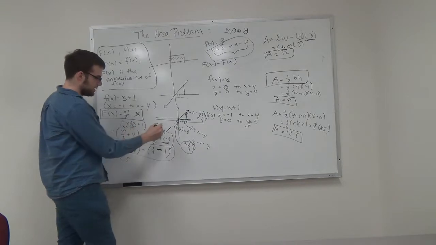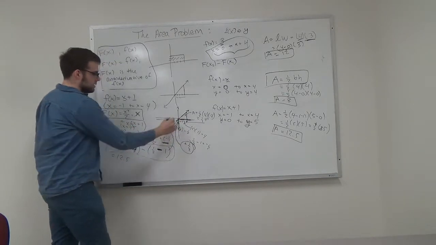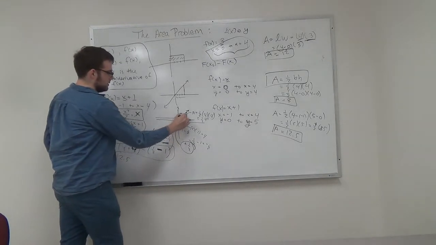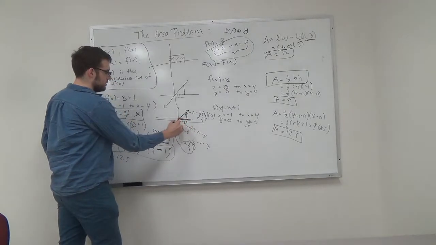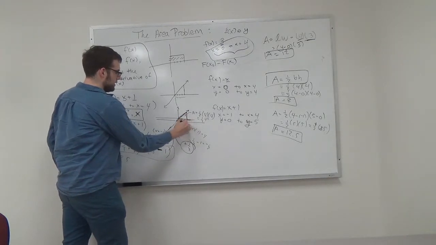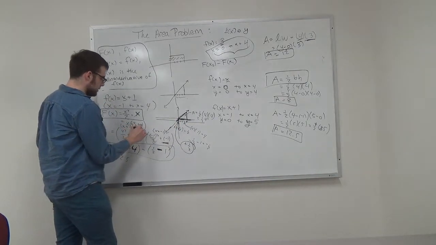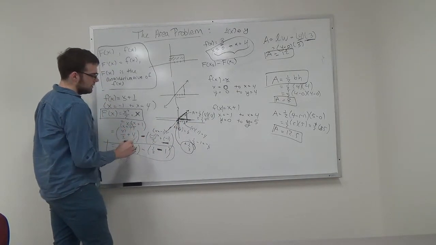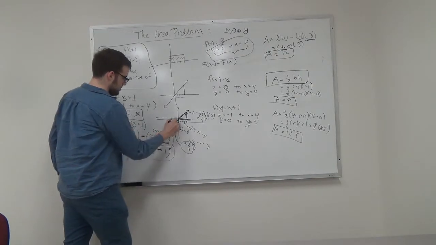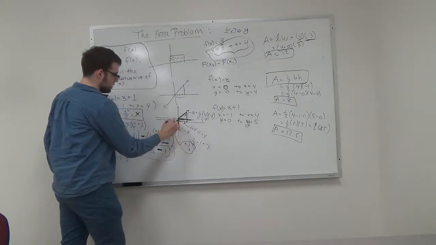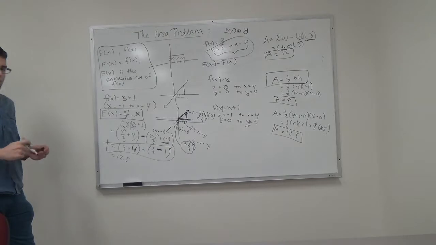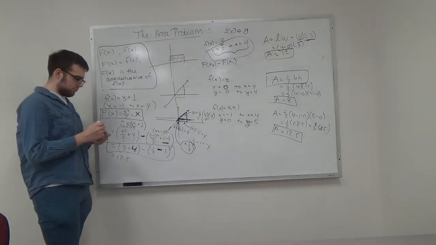The 1/2 x talks about both of these triangles, and then the x is really just talking about that rectangle, sorry.